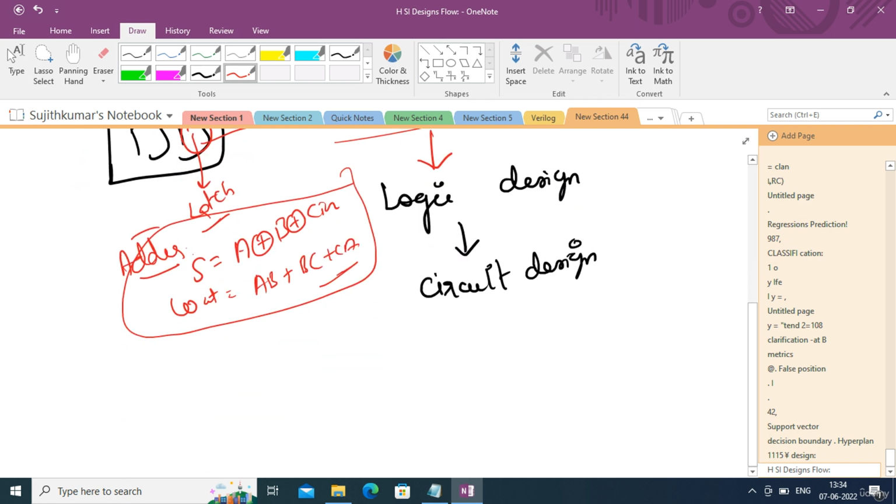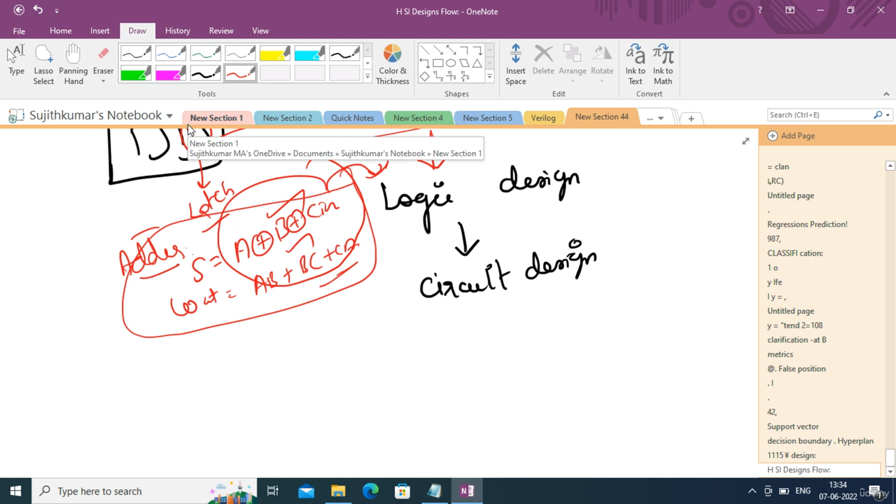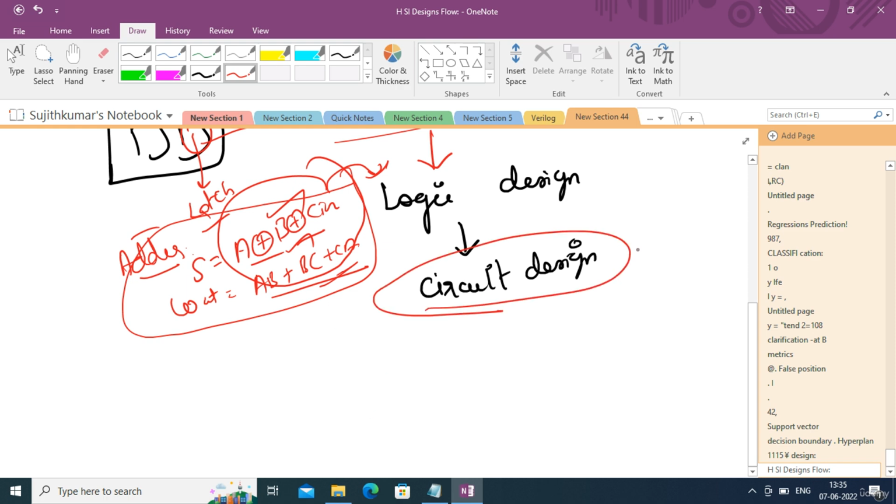So we have to design circuits for these functions. You know the logic now, and you have to actually design the circuit. That is, you have to put XOR gates and everything using transistors in circuit design. So this is the most crucial part. We are going to implement the logic using transistors.